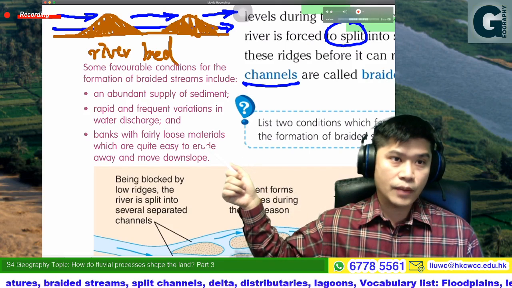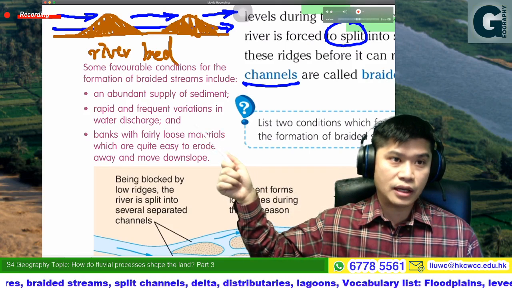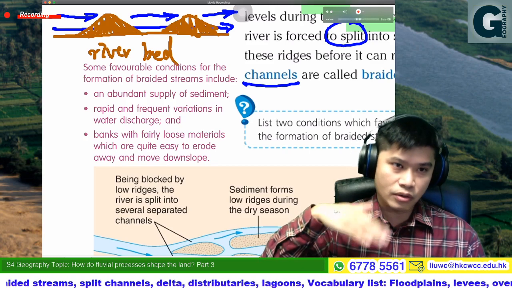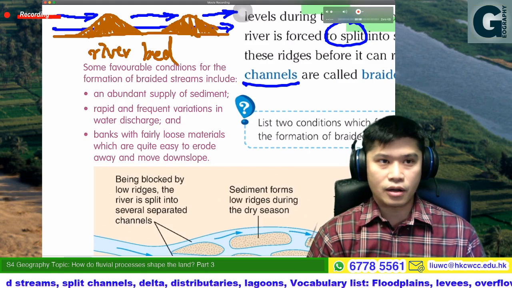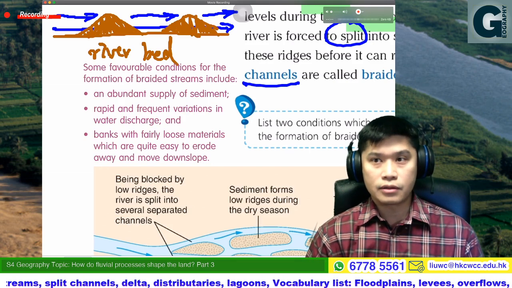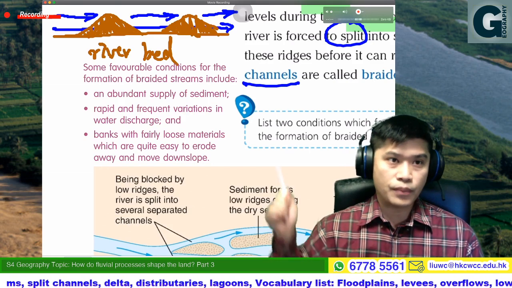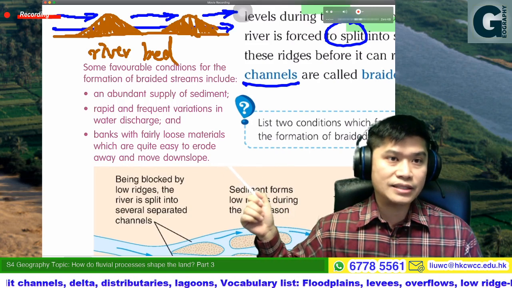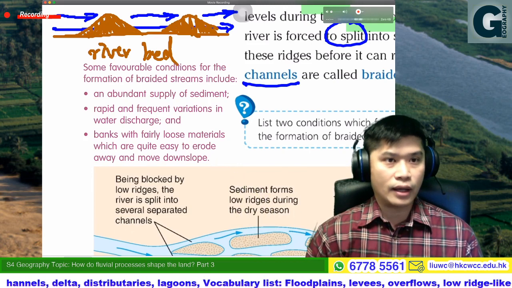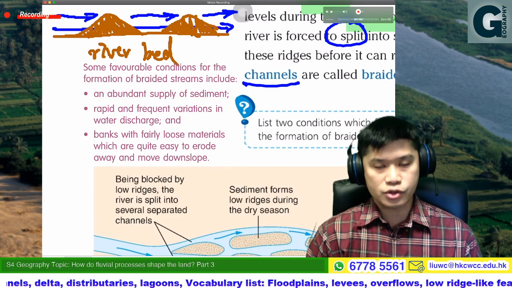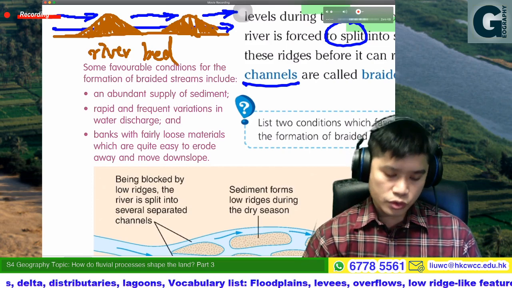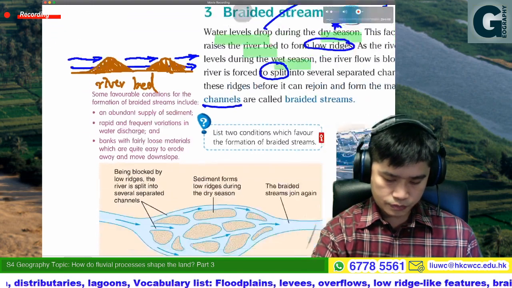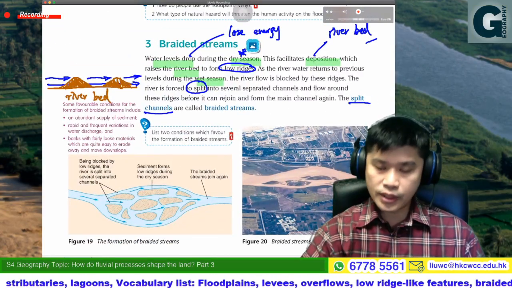Second, rapid and frequent variation in river discharge，要有好經常有落差嘅條河流嘅水量，得唔得？咁所以頭先就會講有 dry season 啦，and also banks with fairly loose material which are quite easy to erode and move downslope. So that also provides material for the deposition of those ridges. So therefore, braided stream.